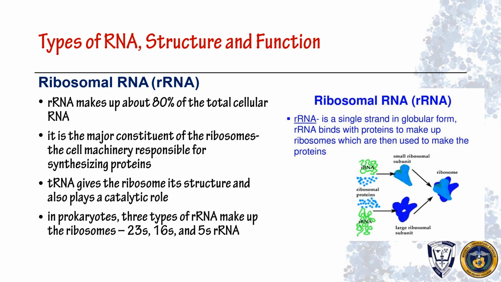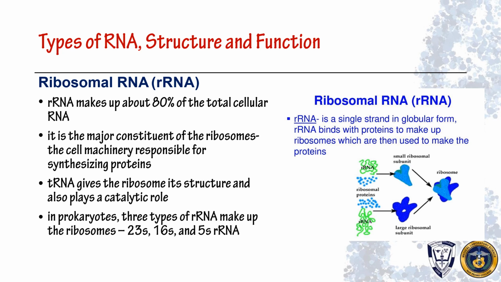The ribosomes consist of ribosomal proteins and rRNA and are typically composed of a large subunit and a small subunit. And these subunits are synthesized in the nucleus by the nucleolus. The ribosomes contain a binding site for mRNA and two binding sites for tRNA located in the large ribosomal subunit.